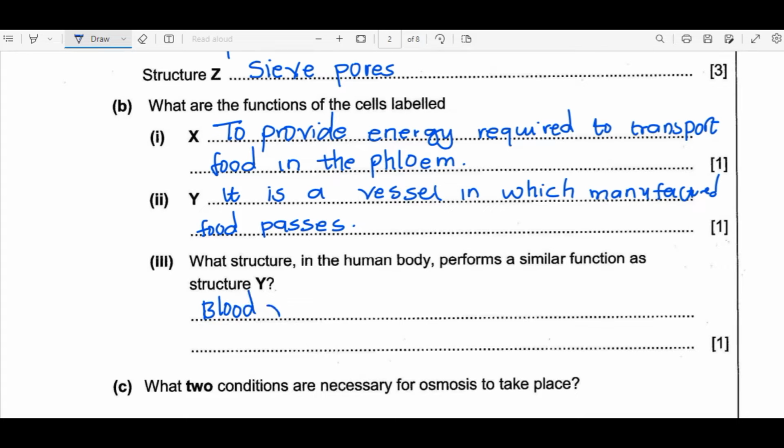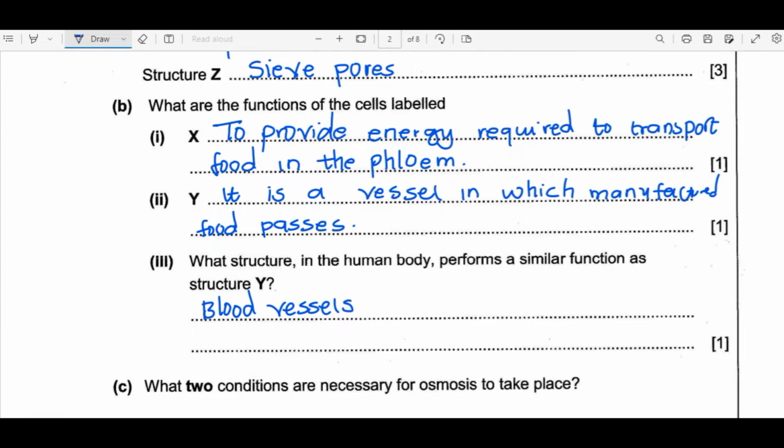Blood vessels transport blood, and the blood also transports the food from one part to another. After digestion, the food must first pass through the liver for inspection. After the inspection is done, the digested food is transported through the blood vessels via blood to all parts of the body.